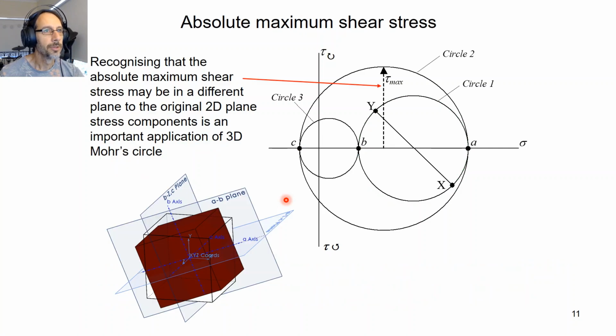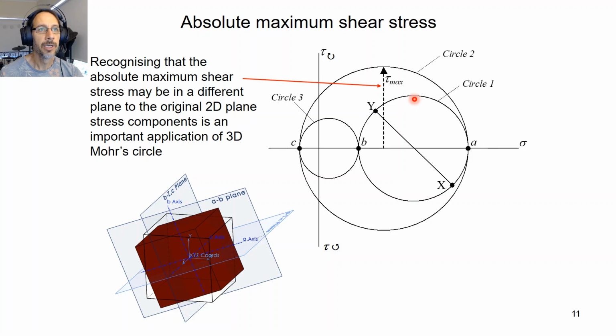Let's jump to the next slide here. So once we've done this, we can now recognize that the absolute maximum shear stress is in a different plane to this original one that we started in. We've done our stress equals My upon I calculation, stress equals Tr upon J for torsion, drawn our stress element, and then calculated our principal stresses using Mohr's circle.